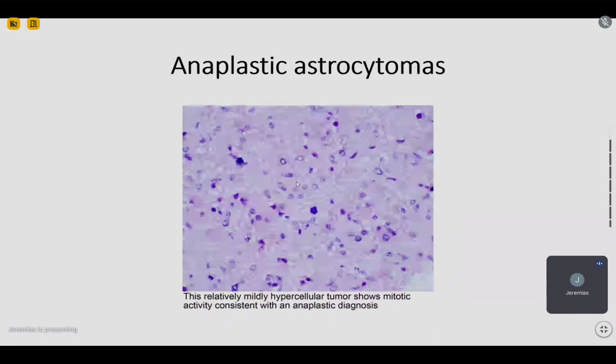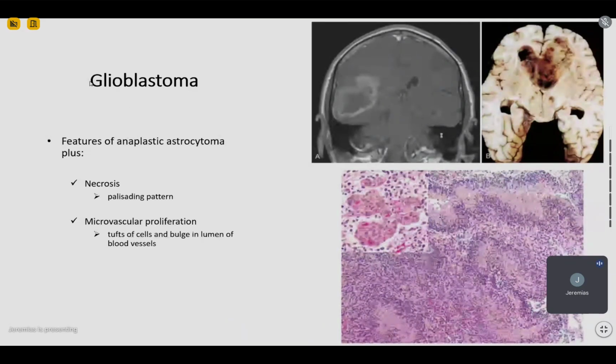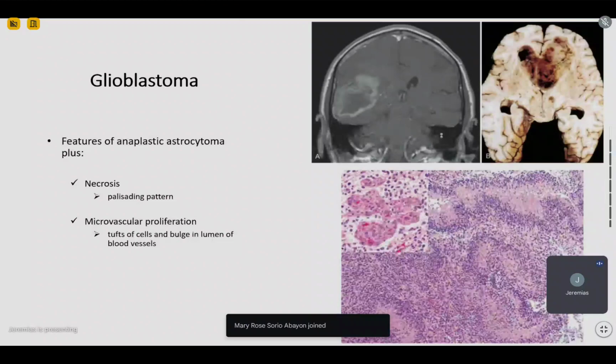If anaplastic, WHO grade 3. Usually in anaplastic, there is expected to be increased atypical mitotic activity, so remember that. When it comes to glioblastoma, that is WHO grade 4. It is a worse type and a higher grade.